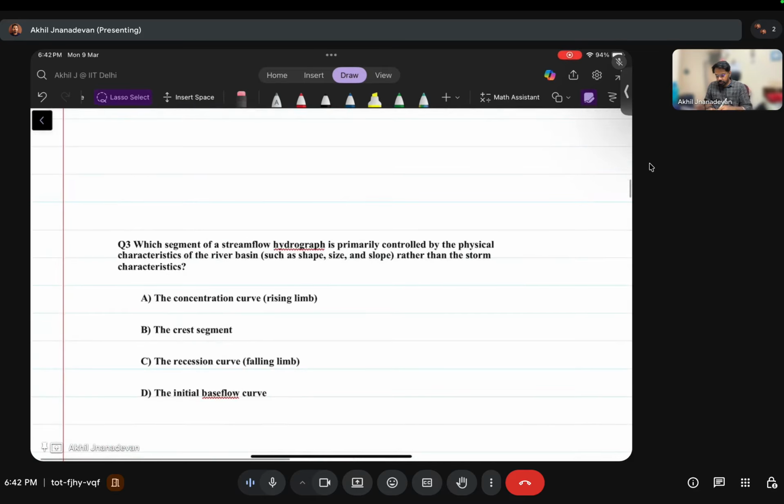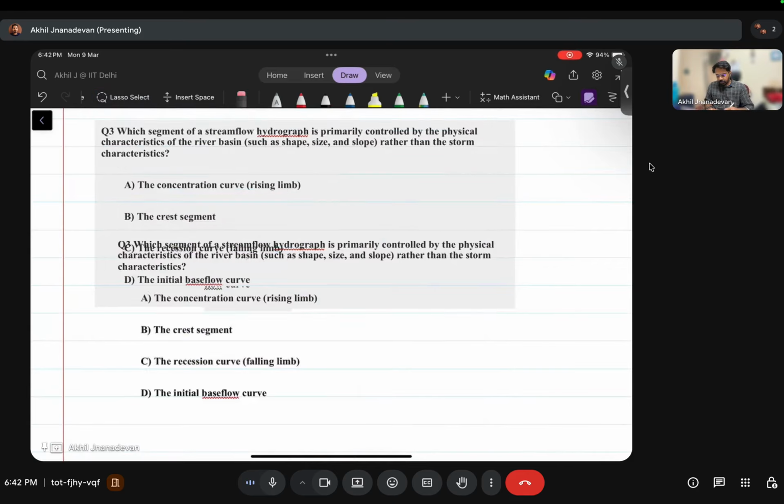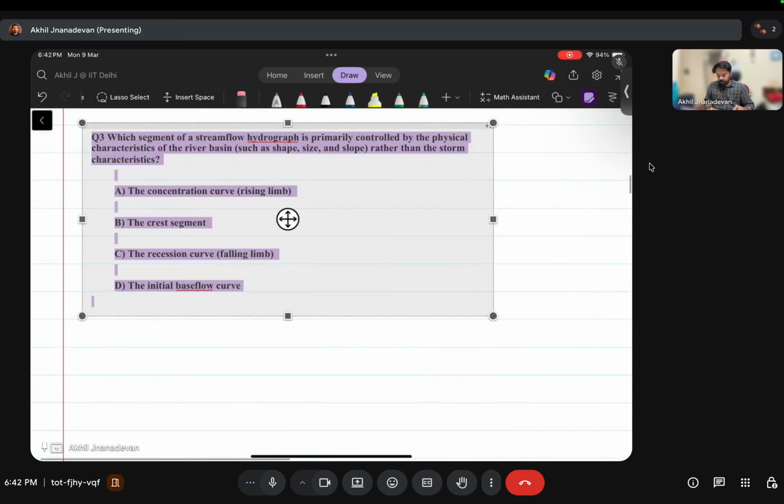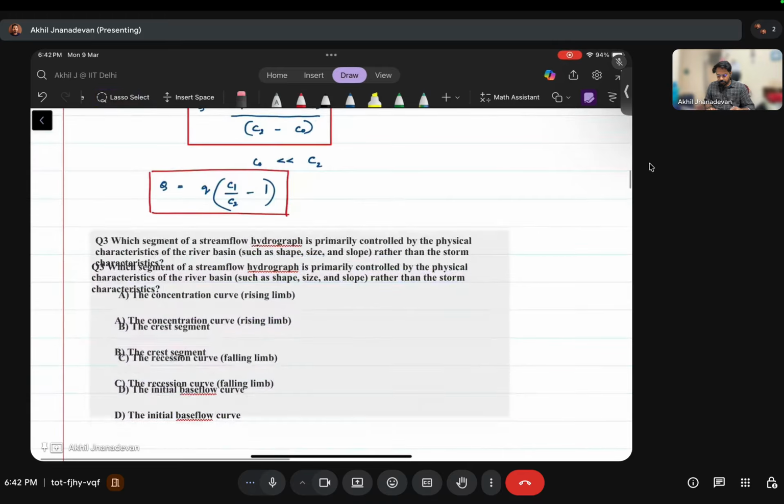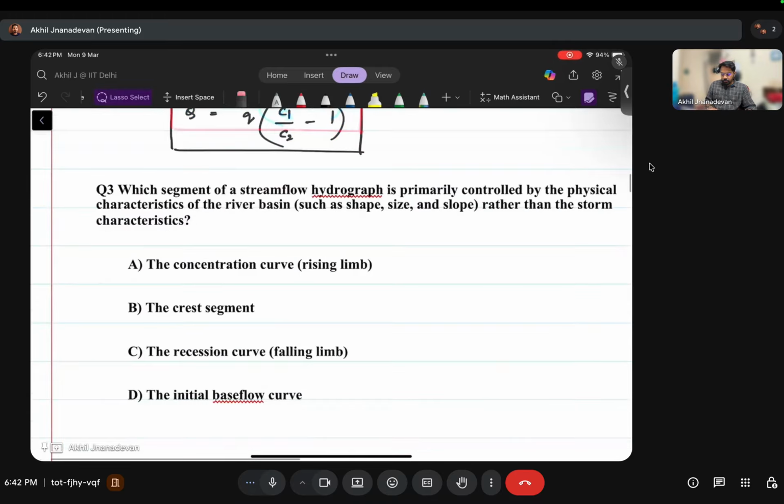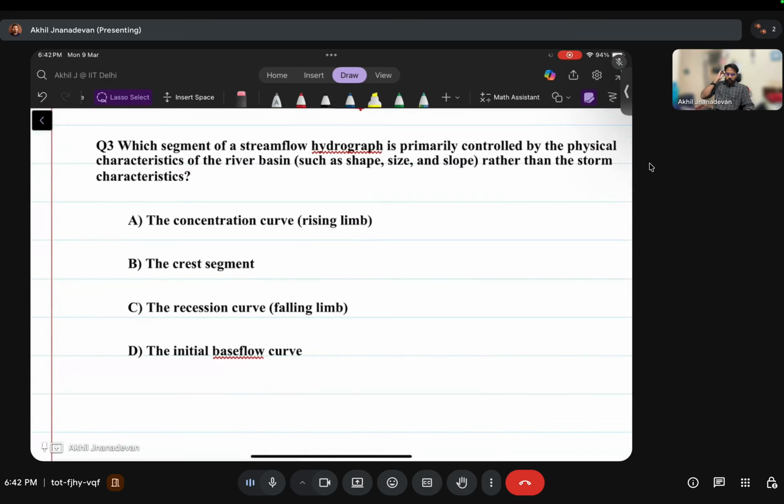Now we can move on to the next problem, that is question 3. Which segment of the stream flow hydrograph is primarily controlled by the physical characteristics of river basins, the size, slope, and shape, that is, the basin or catchment characteristics rather than the storm characteristics?